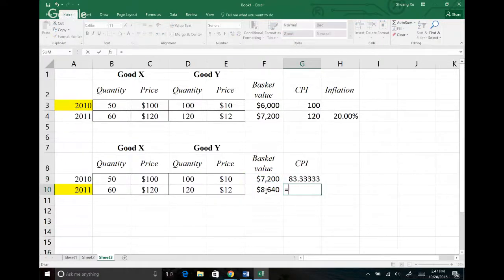And CPI is the basket value divided by the base year, which is the same year, times 100. That's always 100. And inflation. Well, reverse that. It's the new minus old divided by old, which is the same 20%.